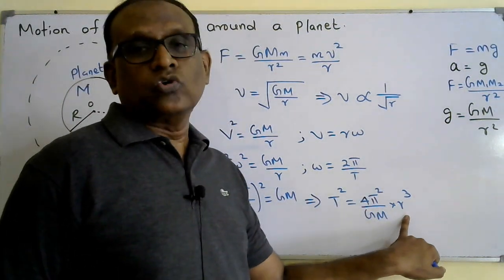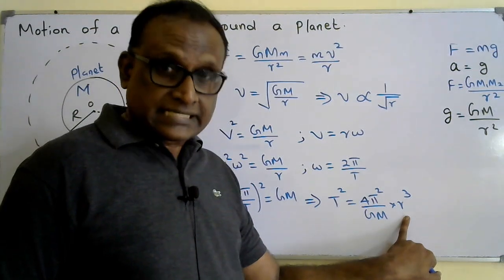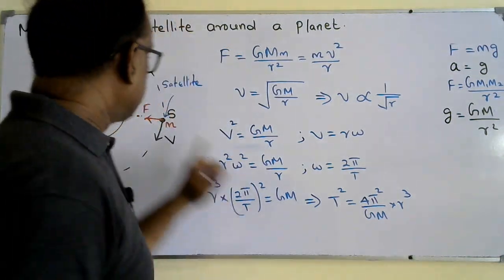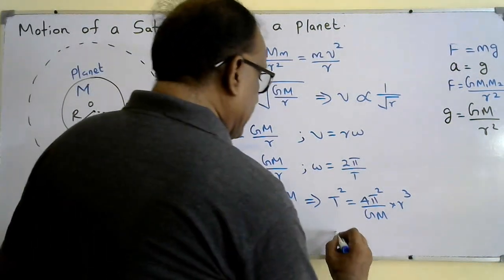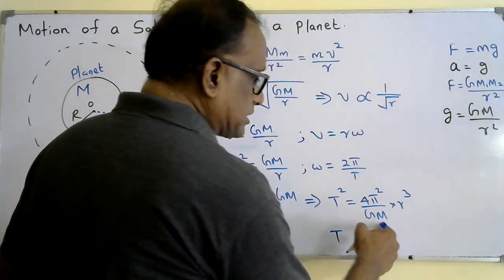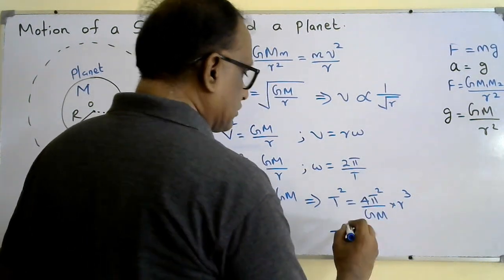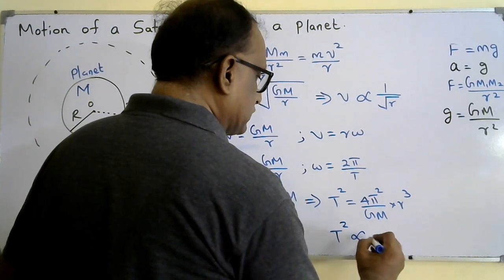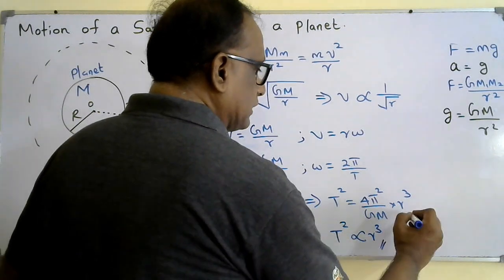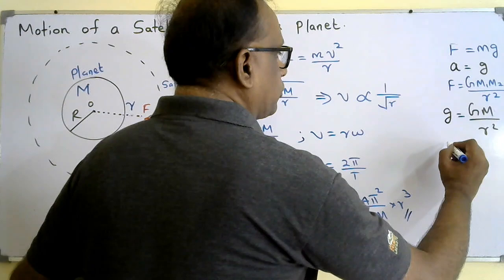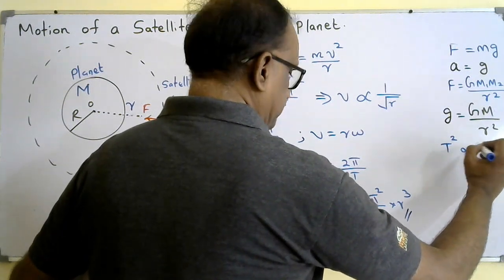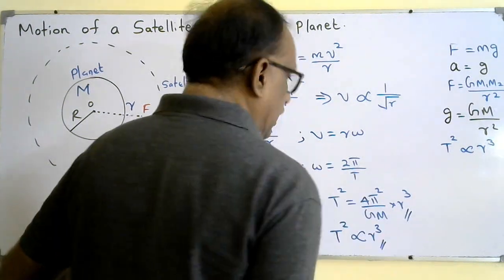For a given planet, satellites can move at different radii, different distances from the center of the planet. Everything should be measured from the center. For the period of the circular motion, M is constant, G is constant, 4 pi squared is constant. So T squared is proportional to r cubed. Important conclusion.